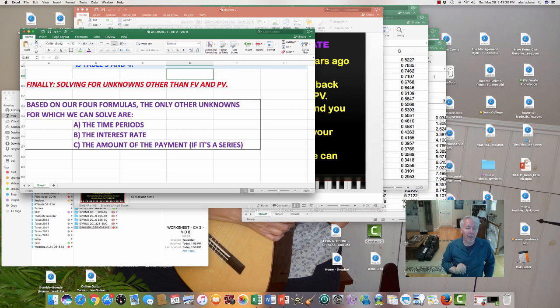Number 3, and this is a biggie, guys, you want to know the amount of a payment. Now, when I was a little boy, I remember my dad bringing me in the late 50s to a bank, and he was applying for a loan. And he wanted to buy a house for $8,000. How lame is that?